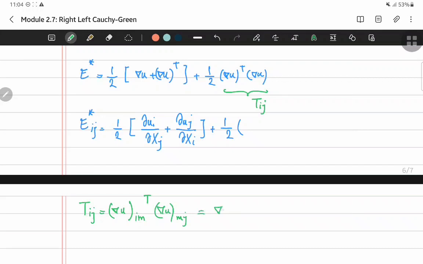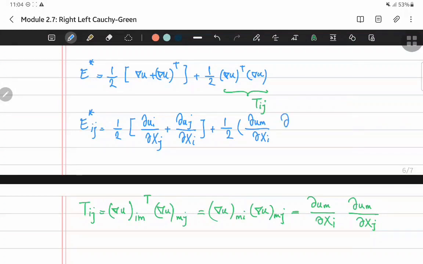If this is transpose, you get del u mi, then you have del u mj. So that's why we write this as the partial derivative of um with respect to xi times the partial derivative of um with respect to capital Xj. So that's why we get this equation here.